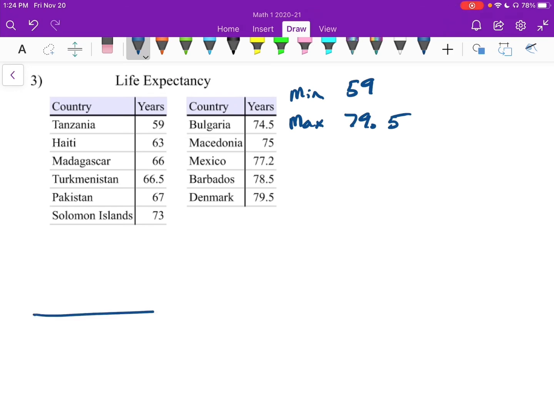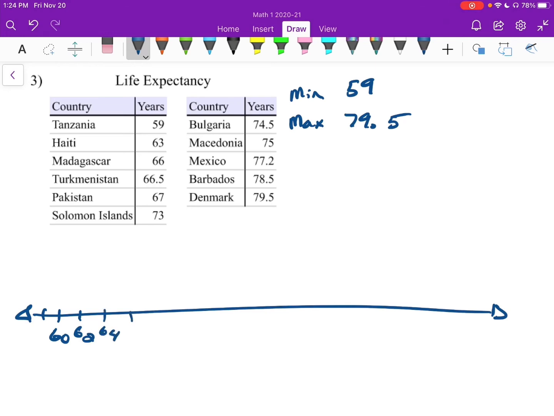I'll start off with my number line, and I'll just start with 60. 62, 64, 66, 68, 70, 72, 74, 76, 78, 80.